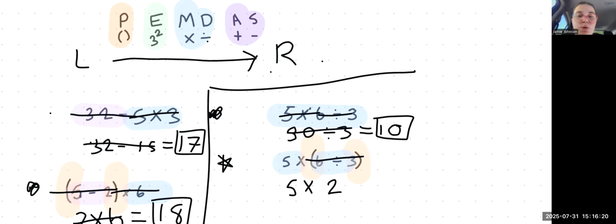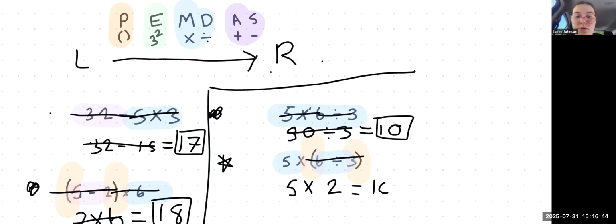And then we go through the order of operations one more time, just to make sure that we've gotten everything. We did parentheses, 5 times 2, no parentheses there. No exponents in 5 times 2, so we don't have to worry about it. We do have multiplication, left to right, in 5 times 2. 5 times 2 is 10.